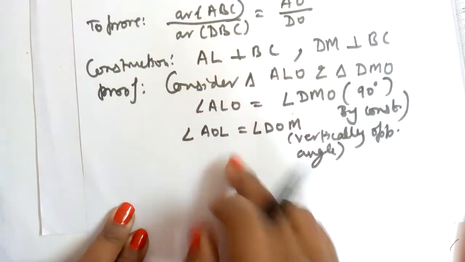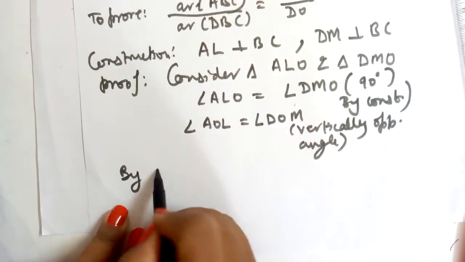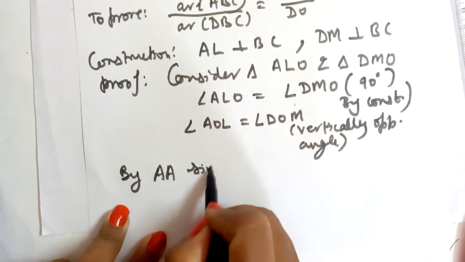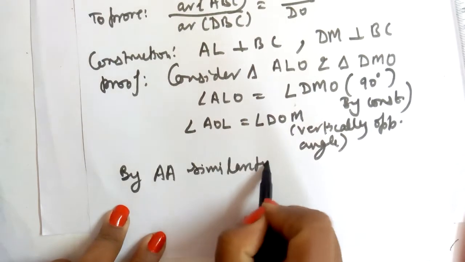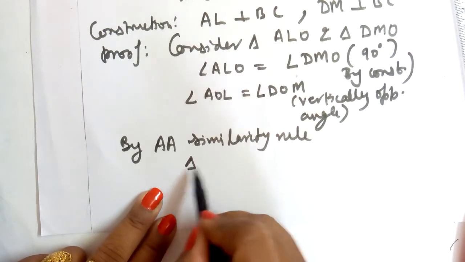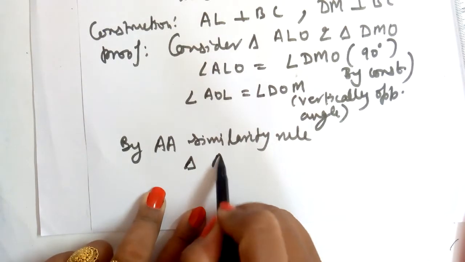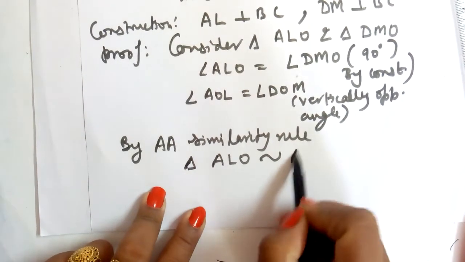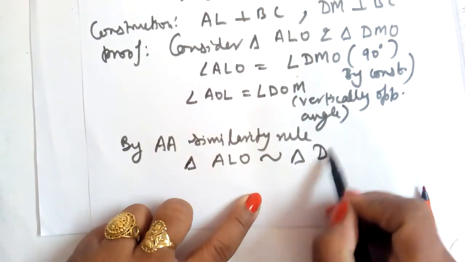Now by these two, by the AA similarity rule, triangle ALO is similar to triangle DMO.